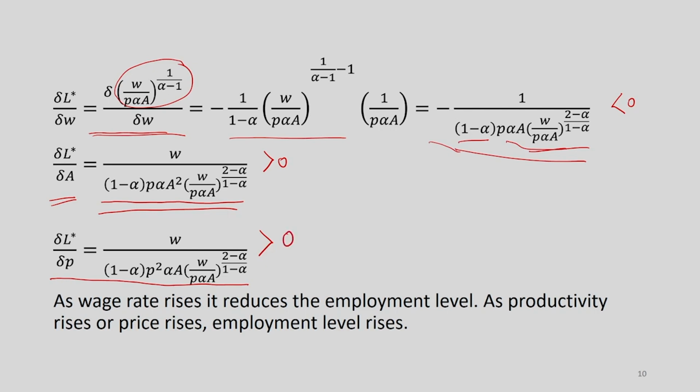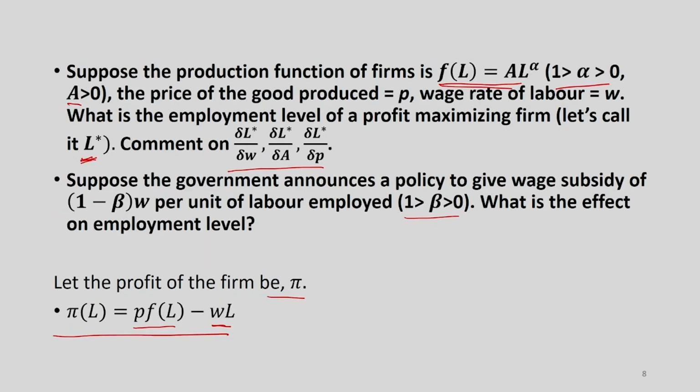What it means is that as the wage rate rises, it reduces the employment level. This employment level L star is going down. As productivity level rises or price rises, employment level rises. Capital A can be thought of as a parameter representing the productivity, because look at this, here capital A is occurring, and if capital A is high, that means the same amount of labor will be capable of producing more output.